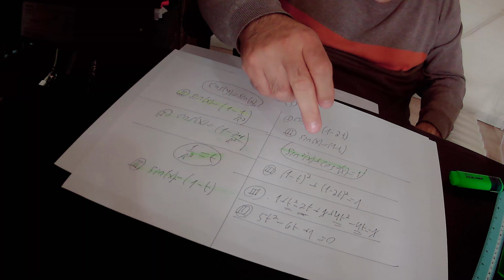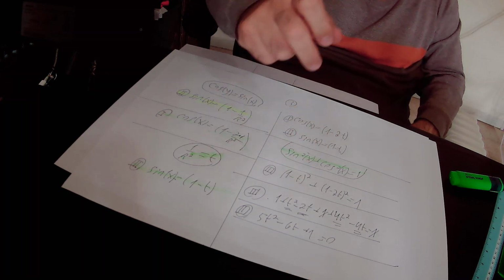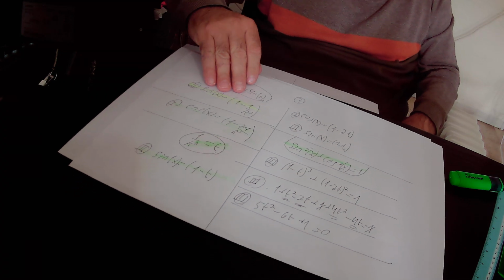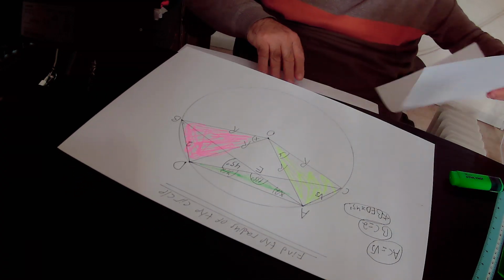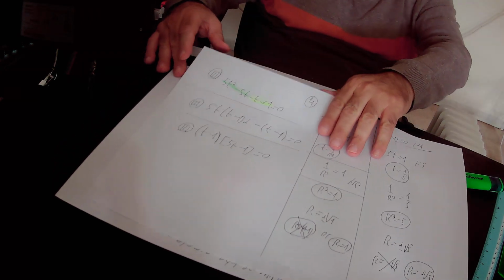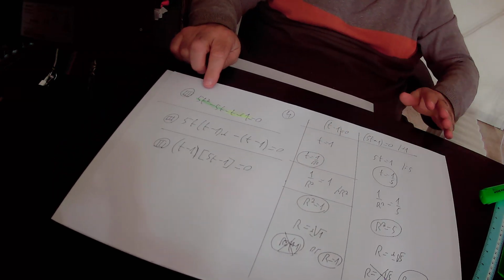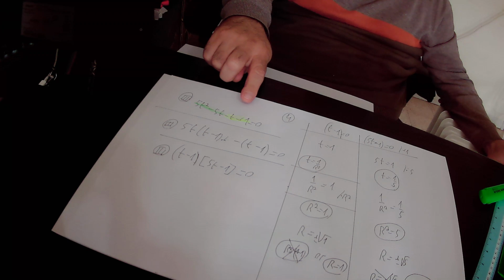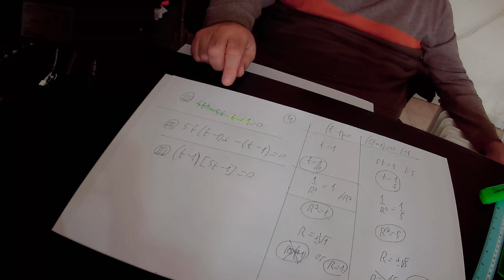Then we substitute minus 6t by minus 5t minus 1t, and we found out that 5t squared and minus 6t is minus 5t minus 1t plus 1 equals to 0.